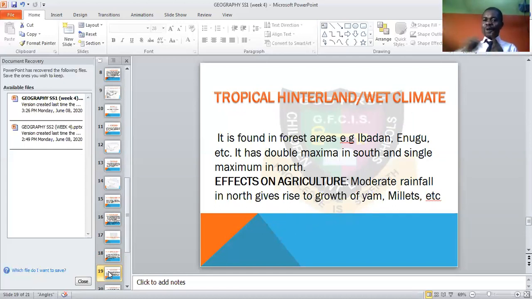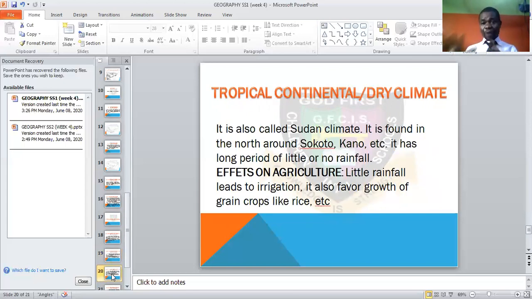They have only one period of rainfall in that year. That's the single maximum. The moderate rainfall that happens in the north, because of the single maximum, gives rise to the growth of yam, millet, and all those things that they plant there. That is good for the agriculture that they do in those areas. That is talking about the north with the single maximum of rainfall.